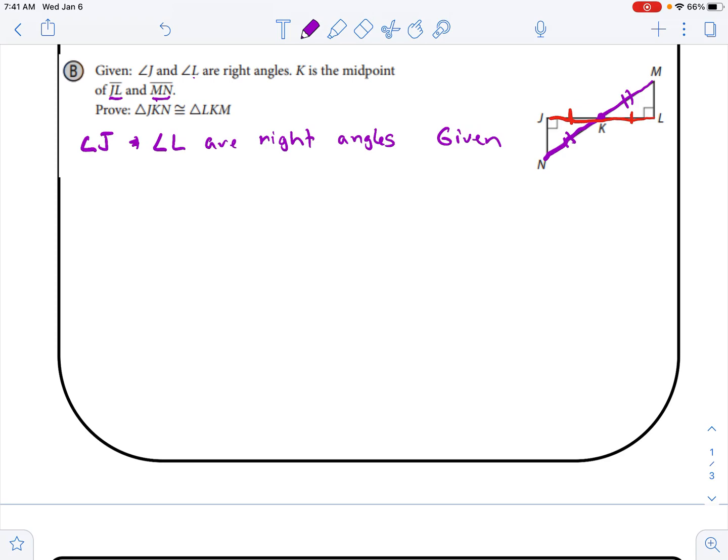So I always go, okay, I got my right angle, now I go to my hypotenuse. My hypotenuse would be the one that's opposite this angle here. So we're saying NK is congruent to MK, and the reason why we know that is because K is the midpoint: definition of midpoint.